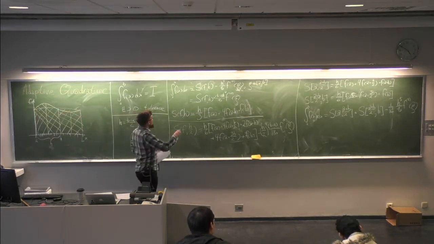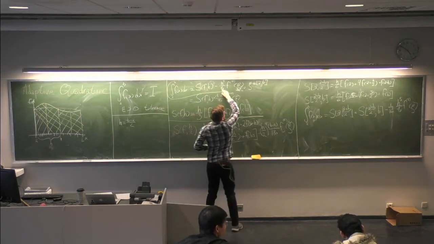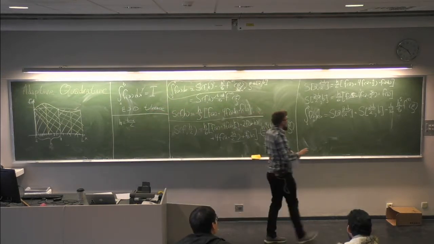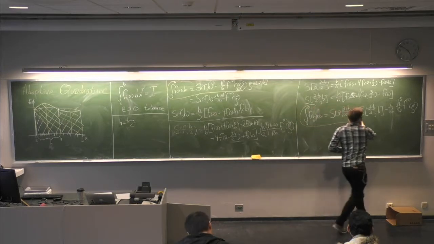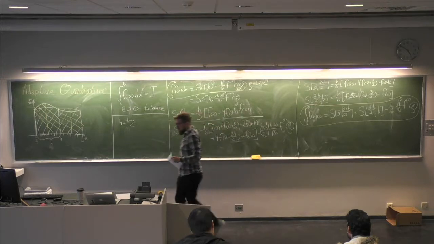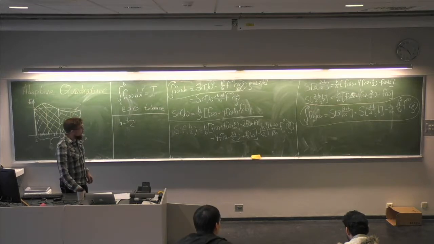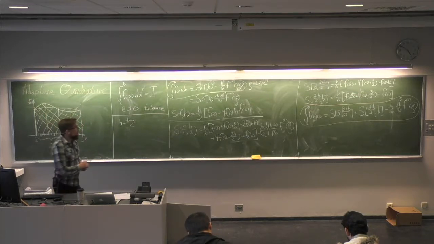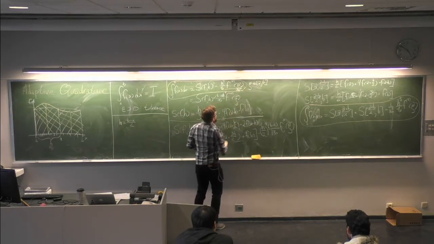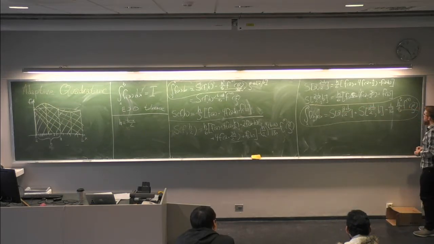I'll try to circle. What we are actually after now is this equation and this one over here. Those are two estimates of the integral. The problem we have, though, is this and this.